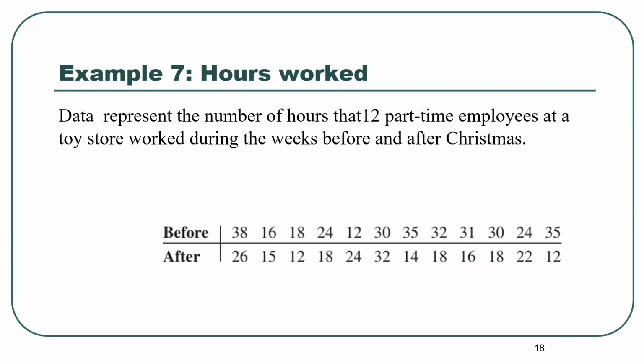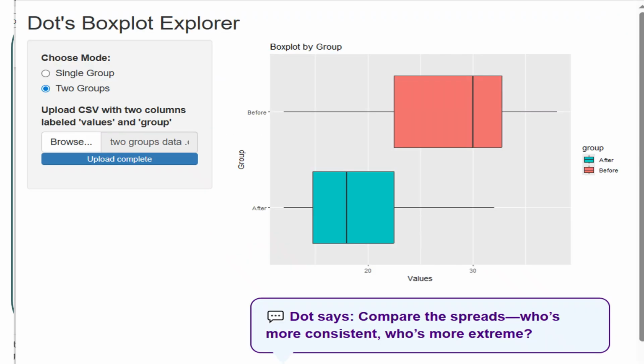You can go ahead and calculate Q1, Q2, Q3, minimum and maximum for each group and compare the box plots. But let's see that using our app 3 again. So again, I am using app 3 from our last slide.